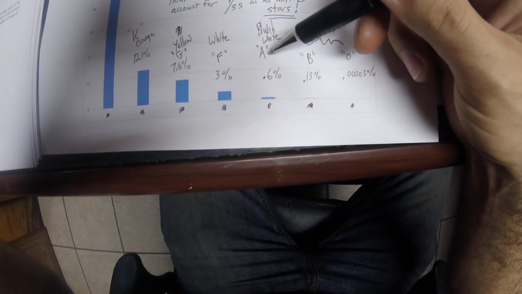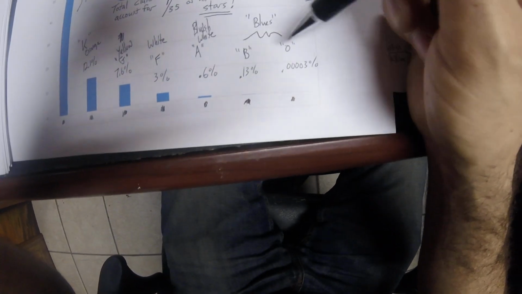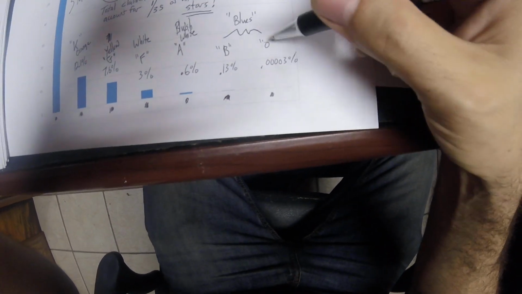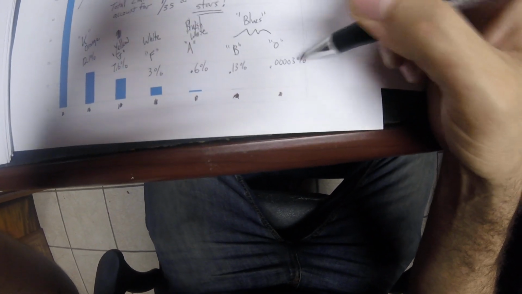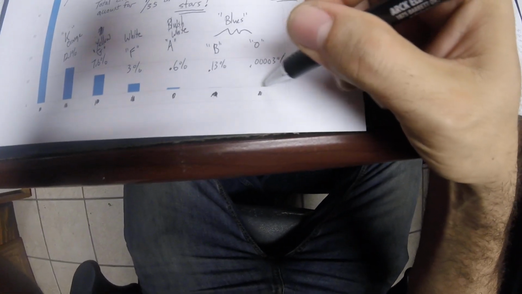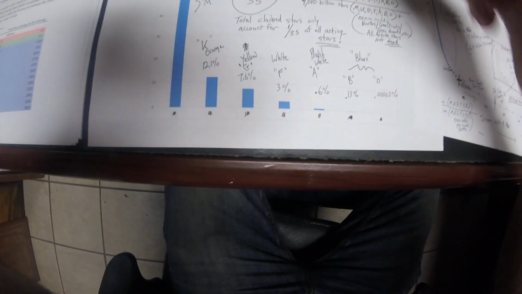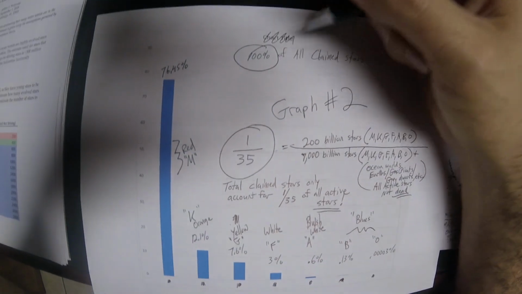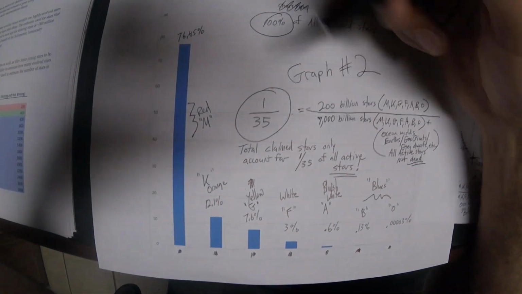Bluish white is the A stars, and then the Bravos and the Omegas, and then you can't even see the bar right there. It's nuts. But they think that this is 100% of all the stars in the galaxy.